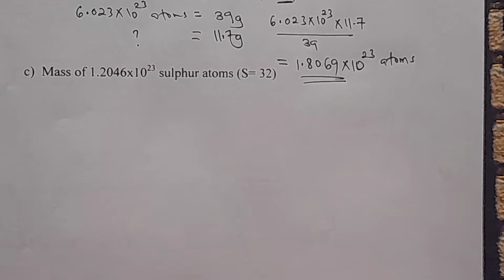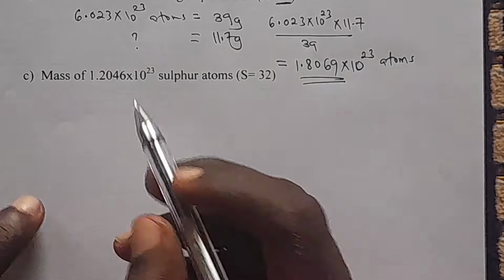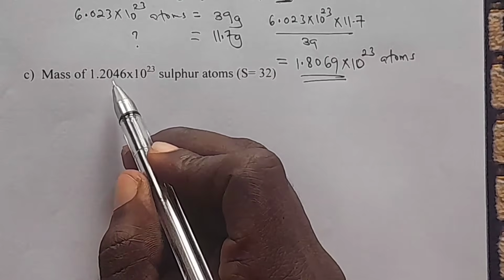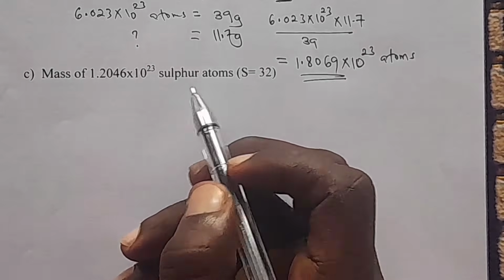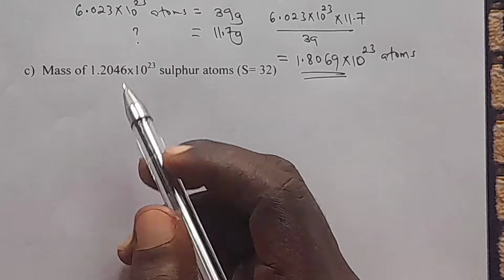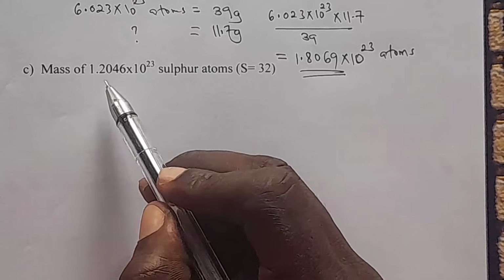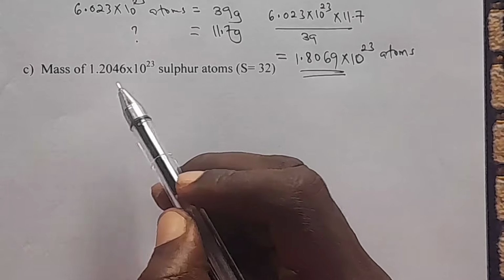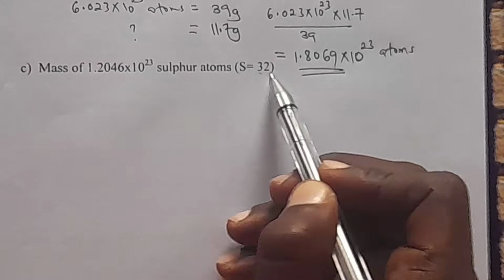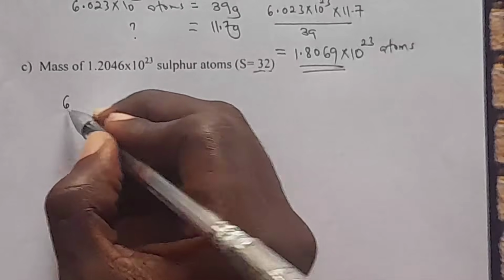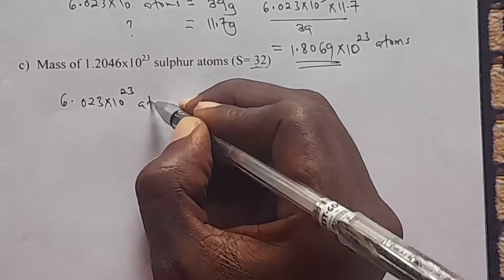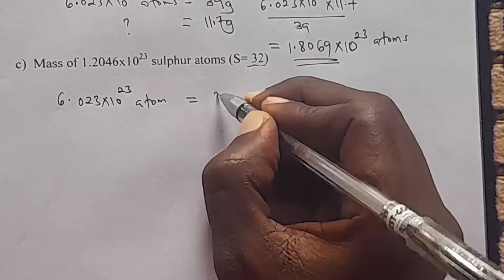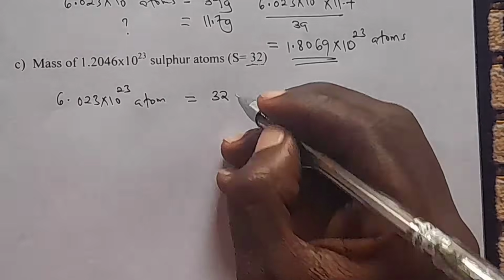Then lastly, we are told the mass of 1.2046 times 10 power 23 atoms of sulfur. So the relationship will be again number of particles, that's Avogadro's number of particles, with the molar mass. So 6.023 times 10 power 23 atoms of sulfur will be equal to the molar mass of sulfur, which is 32 grams.